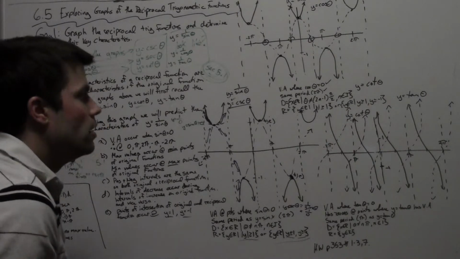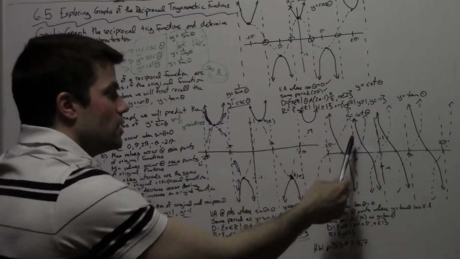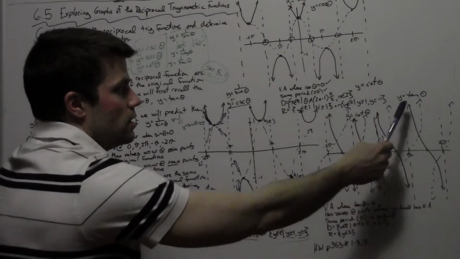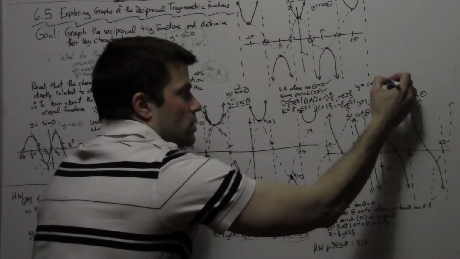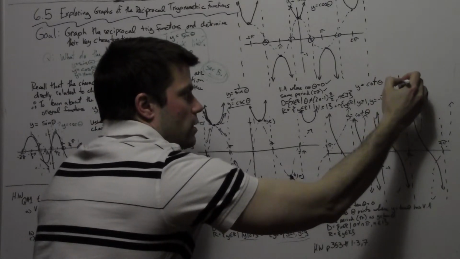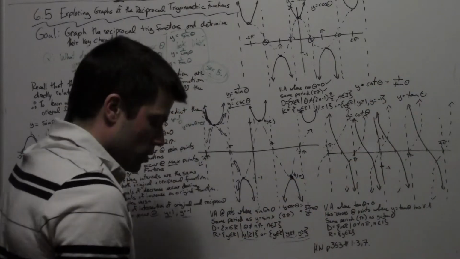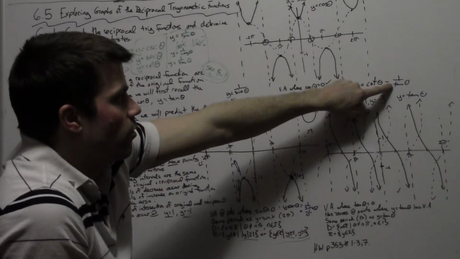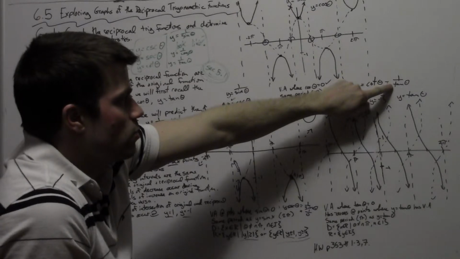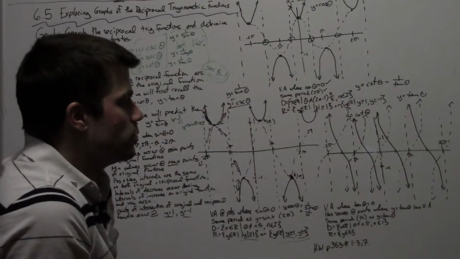Finally, the last one, y equals cotangent theta, is here in black. Again, it's the reciprocal function of y equals tan theta. So in other words, this is equal to 1 over tan theta. So, using the exact same logic, we're going to find our vertical asymptotes where our original function, tan theta, was 0. That's where our vertical asymptotes will now be.